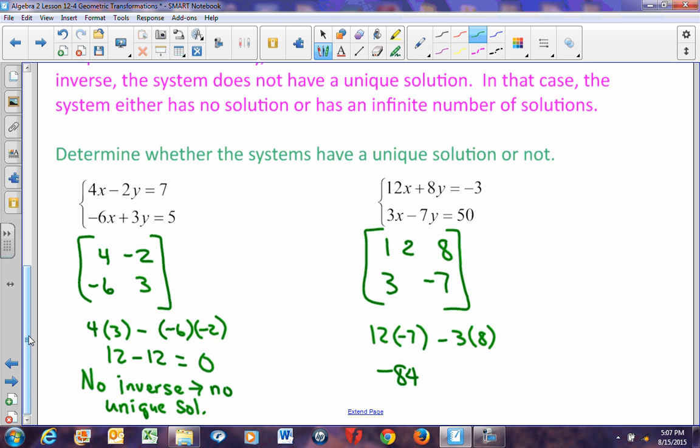Negative 84 minus 24. Okay, that's going to be negative 108. So that means it does have a unique solution. It has an inverse. So there we go. And that is inverse matrices and systems.